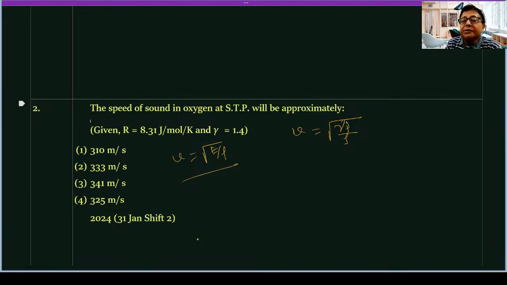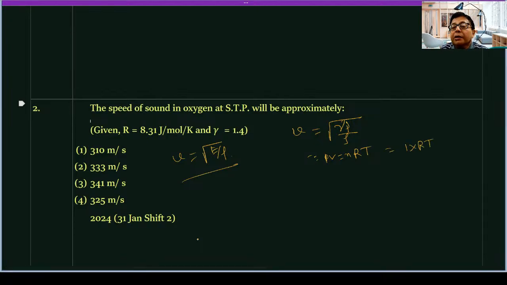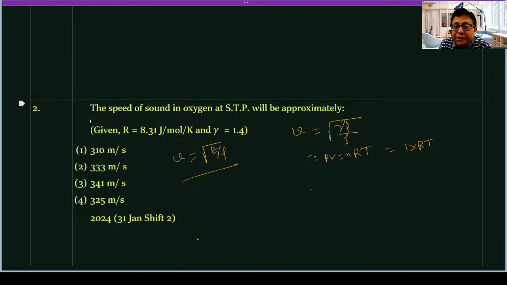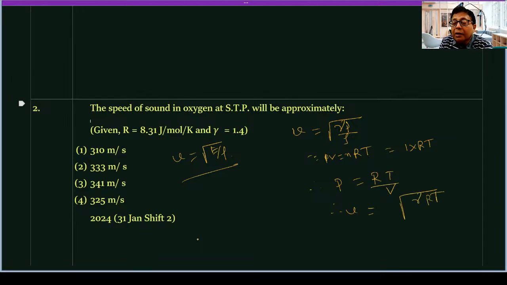Or you can write, since PV equal to nRT, for one mole you write better. Therefore, in PV, this P we can replace by RT by V. So V is going to be root of gamma RT by V into rho.